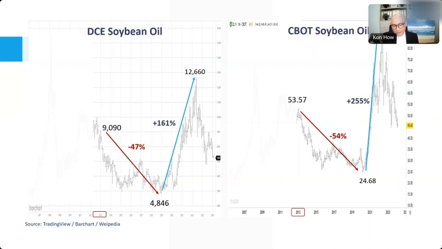As the lockdown was over and business went back to usual, and the supply chain got back to normal again, commodity prices also started to come down. As the market came down, the CBOT prices came down by 49%, and the DCE soybean oil prices were only down by 46%. And you could see that at the recent low, which is today, the market has started to break the previous low, whereas the DCE prices still hover around this retracement.